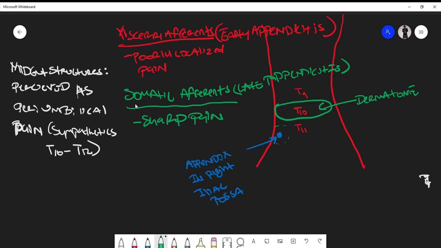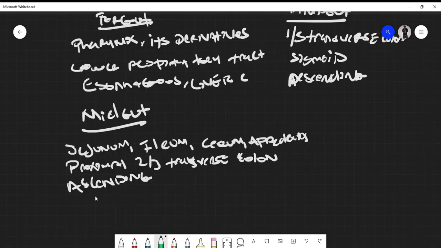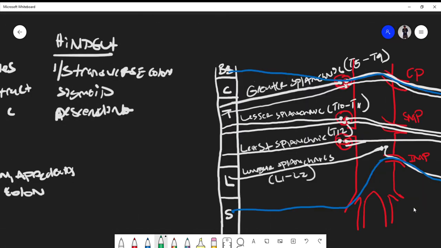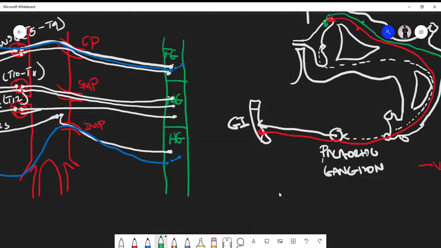Instead, they're feeling the sharp pain. So they no longer interpret the pain as coming from the T10 dermatome. So it's very interesting.